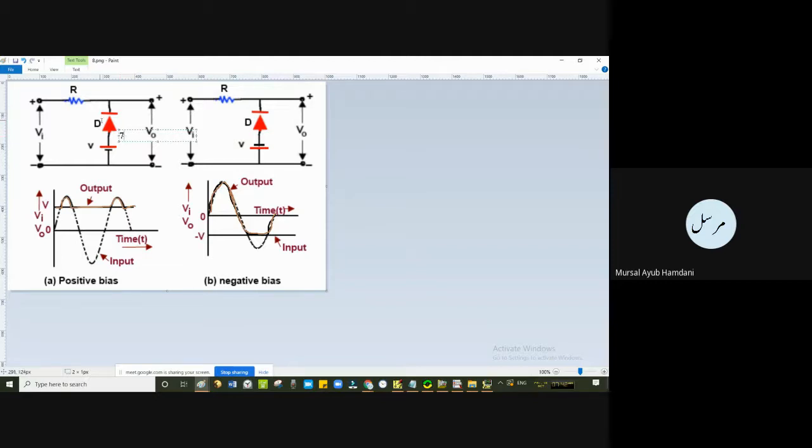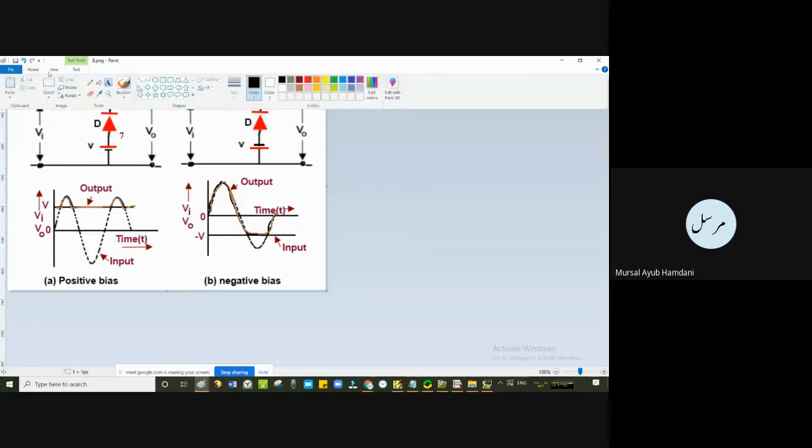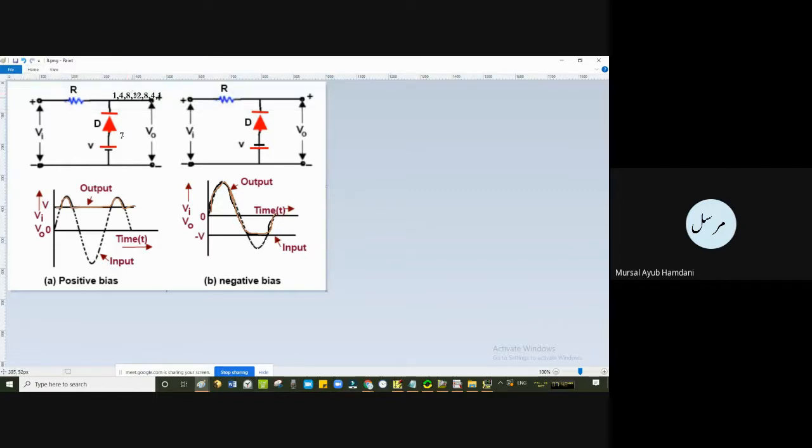Now here at the positive half cycle we'll have 1, 4, 8, 12, then back down to 0. These values are in the positive half cycle. You can clearly see that for this diode we have to check the reverse bias condition. The reverse bias condition will only be true when the negative side is more positive than the positive side.